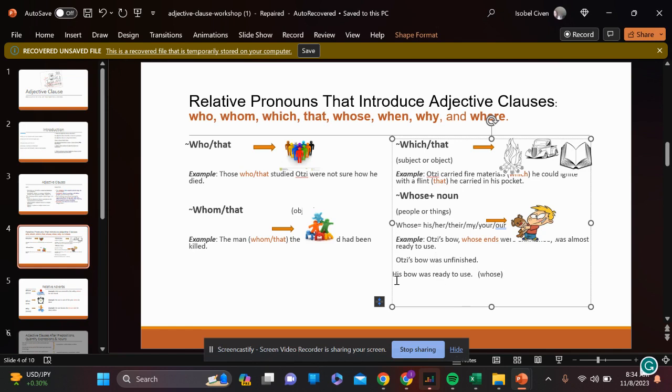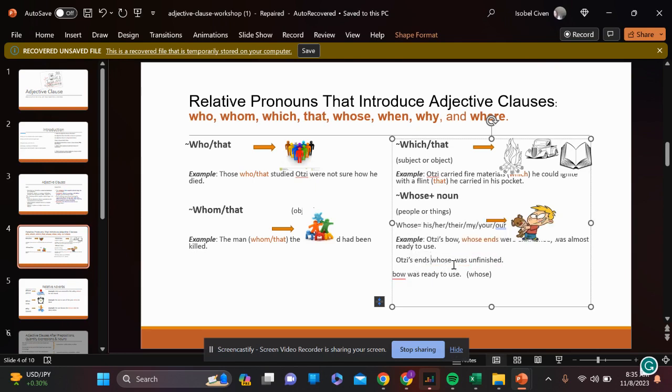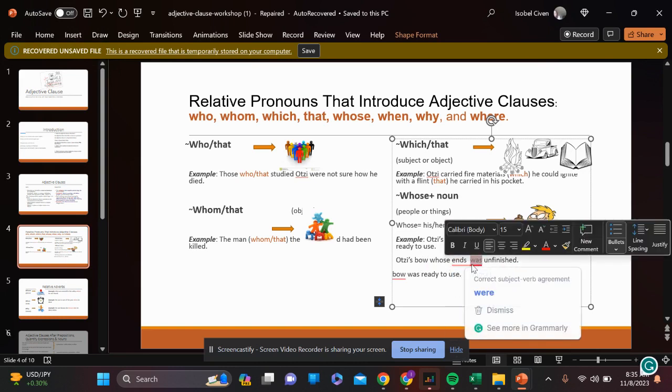You need to remember you're going to delete the his and say Otzi's bow, comma, whose ends. I think it should be ends, excuse me. Otzi's bow, whose ends were, because we need to make this plural, because were is plural.